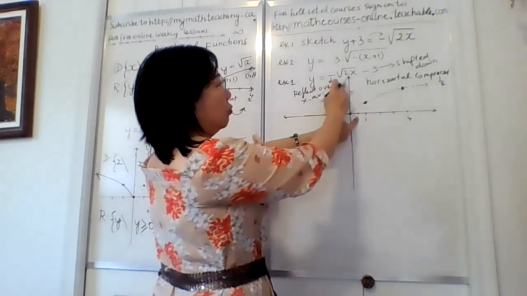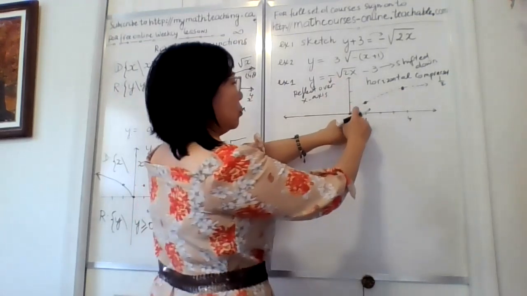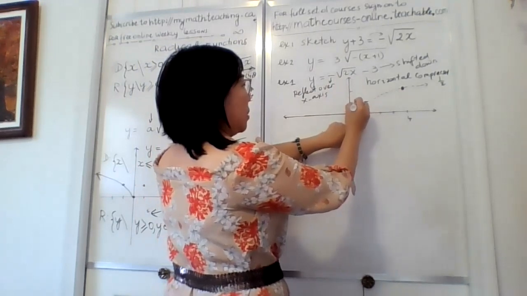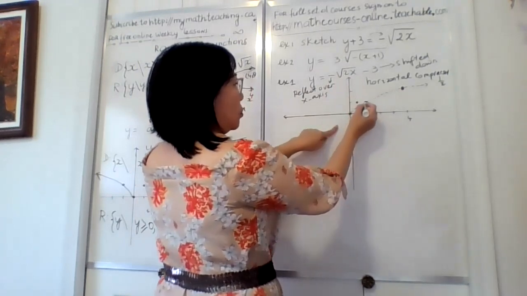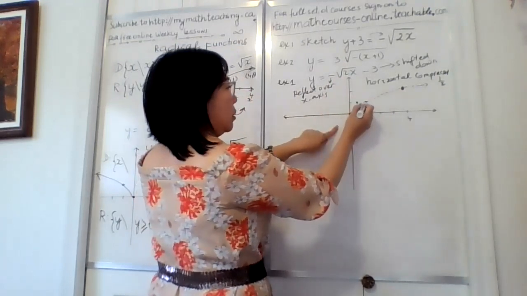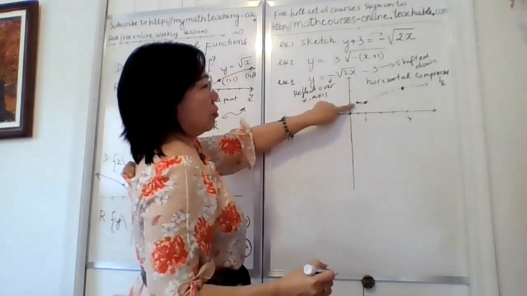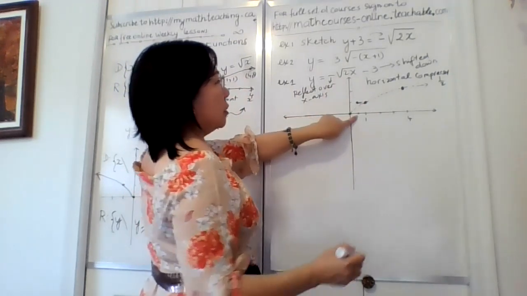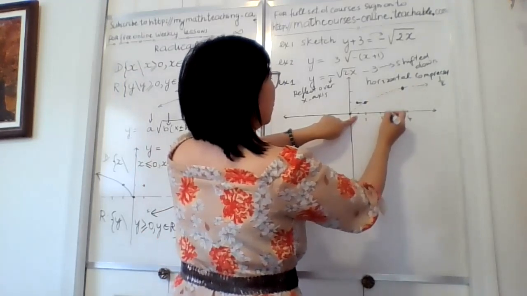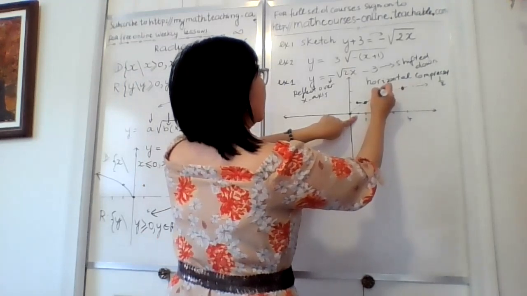Now, keep in mind that when we shrink the x, we do not shrink the y. So our y still stays at this level, but our x will be shrunk. So this point will move toward the y-axis. This point will become this point, because we take half of the x. So 4 will become 2, and the y level is the same, so that will be here.